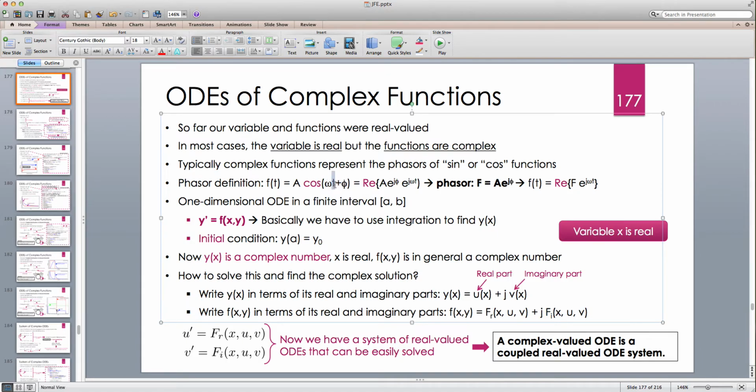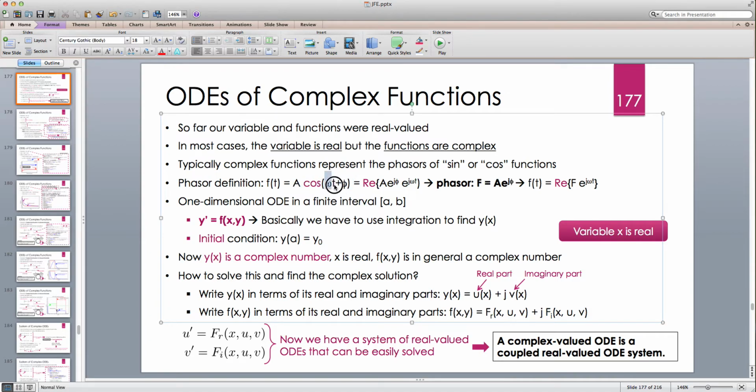Let's say t is our variable, or x. Typically it's t. In physics, t represents time. So this is more like the oscillation in time. So t is the variable, omega is the frequency, and then some phi, some phase, right? This is the most general case of a cosine or sine function.